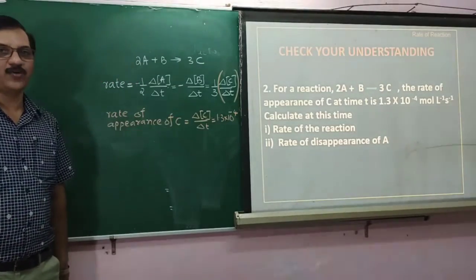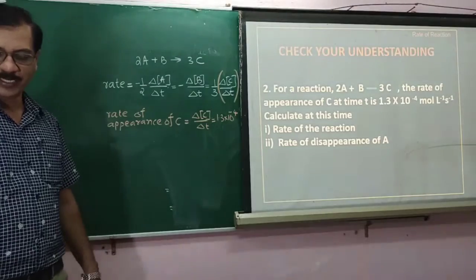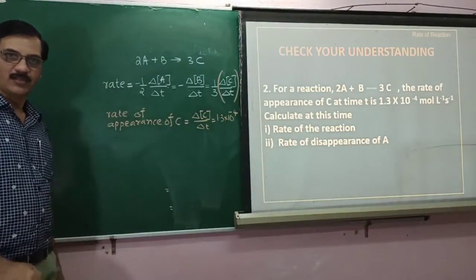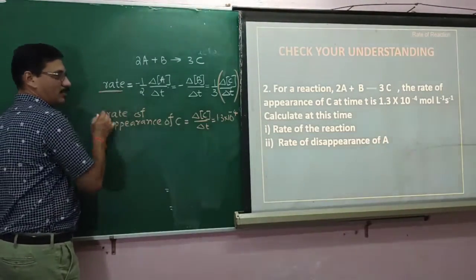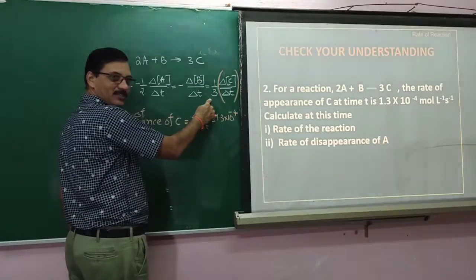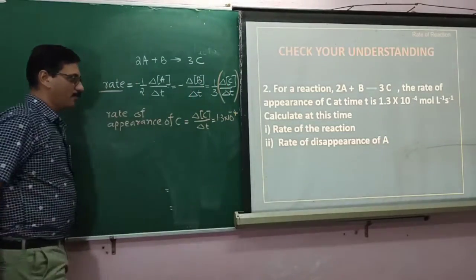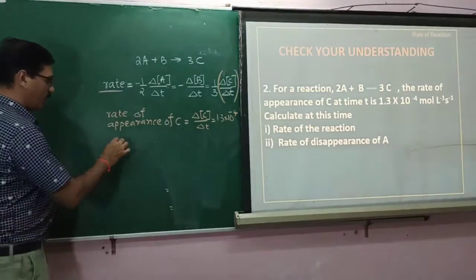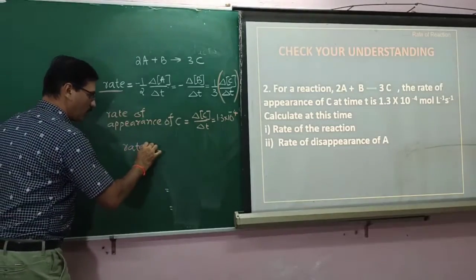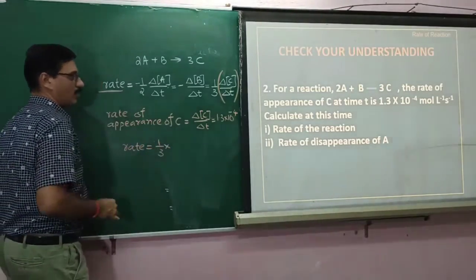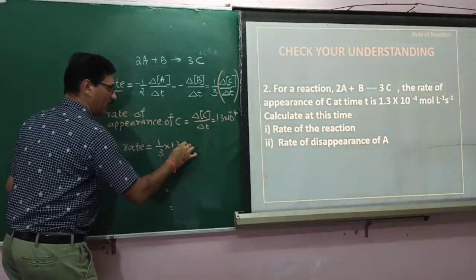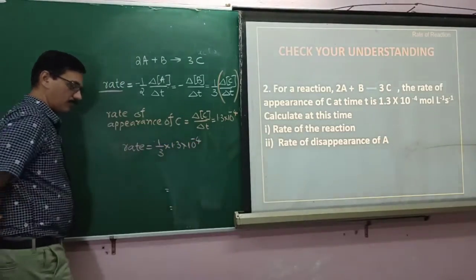You are asked to find out the rate of the reaction. Now how will you do that? The rate of the reaction is nothing but 1/3 of this rate of appearance of C. Therefore rate is equal to 1/3 of 1.3 into 10 to the power minus 4.